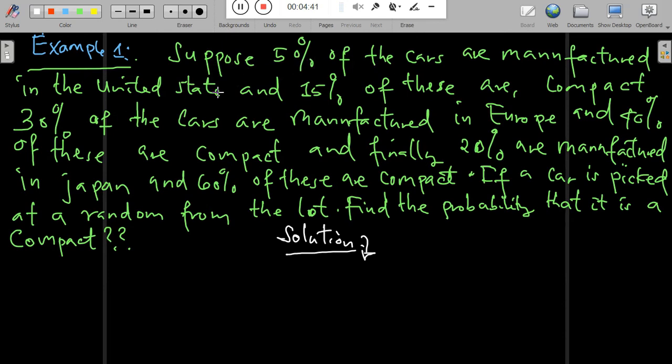For example, suppose 50% of the cars are manufactured in the United States and 15% of these are compact, 30% of the cars are manufactured in Europe and 40% of these cars are compact, and finally 20% are manufactured in Japan and 60% of these are compact. If a car is picked at random from the lot, find the probability that it is a compact.